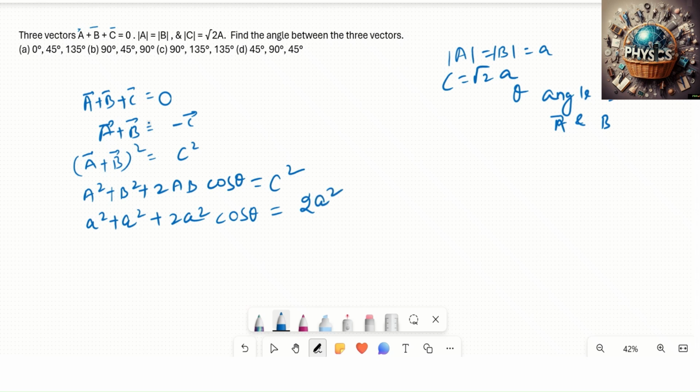So 2A square cancels, and 2A square cos theta is equal to 0. This means cos theta is 0, so theta comes to be 90 degrees.